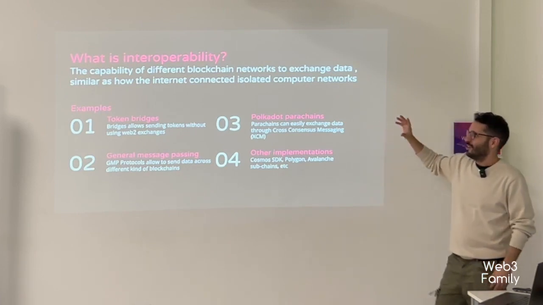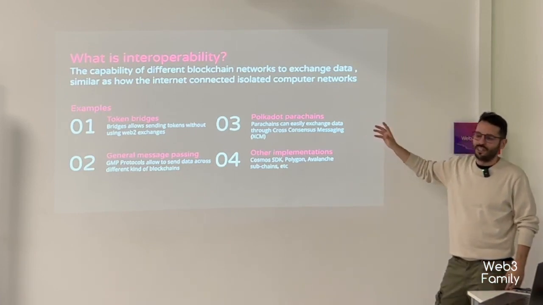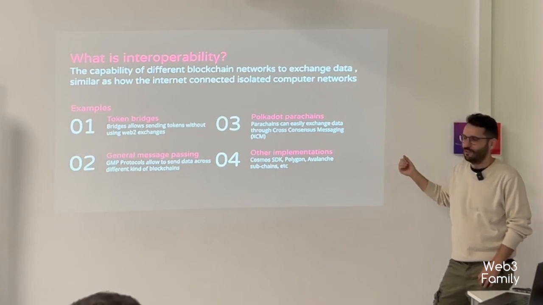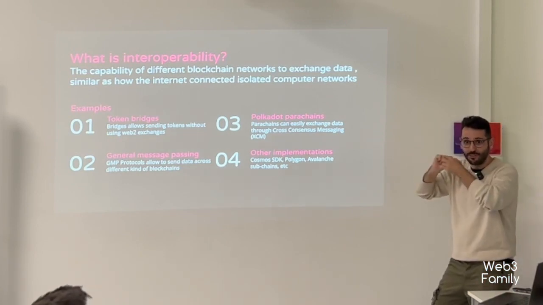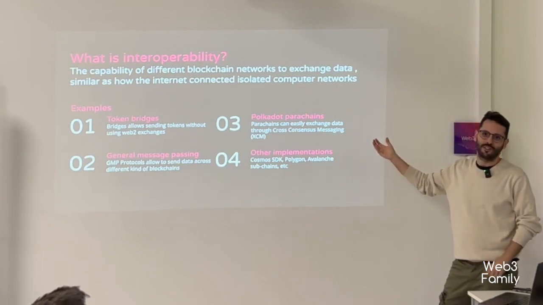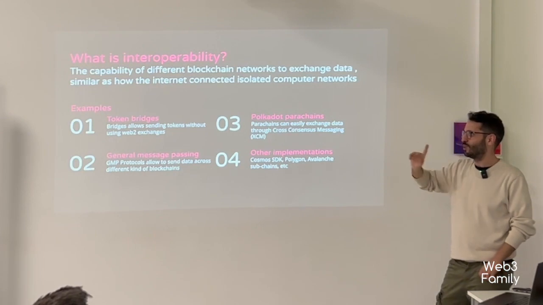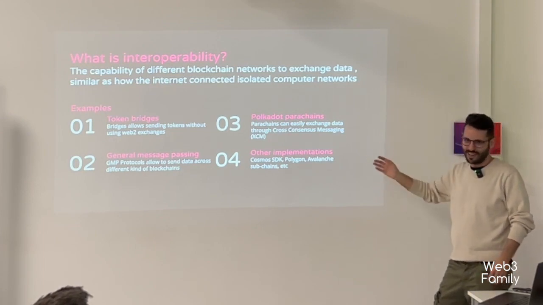So why do we need interoperability? Because with blockchain, there may be hacks, but normally the hacks are on the programs, on the smart contracts, not at a protocol level. For example, Bitcoin had bugs at the start, but it was really at the start, like in 2010.